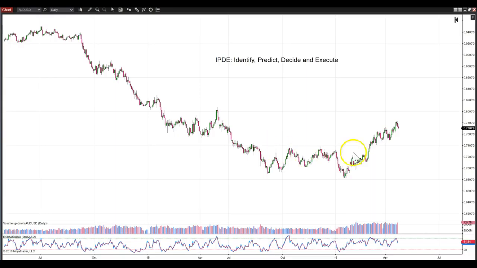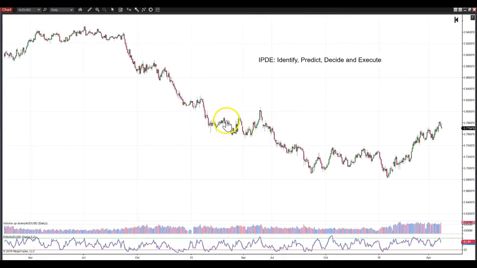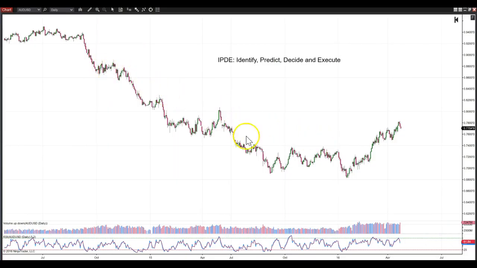We've broken this structure level, which indicates that we might see a potential trend change, and we're at this level now, expecting some kind of pullback. So based on the daily time frame, the market is generally still in a bearish direction, but there is a potential trend change.